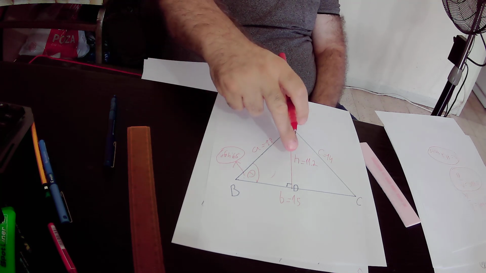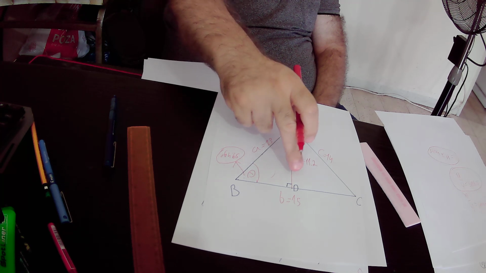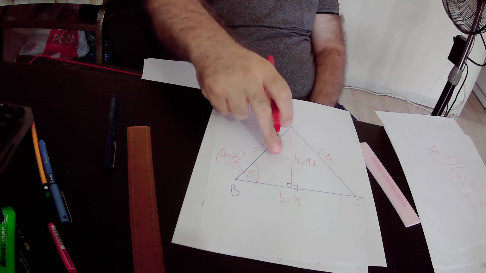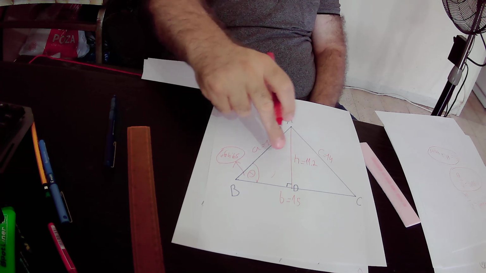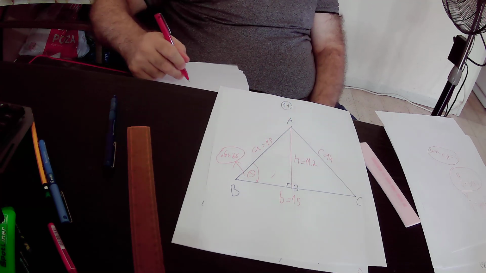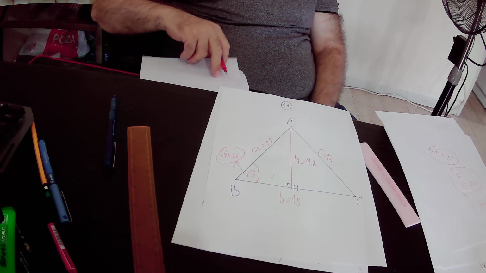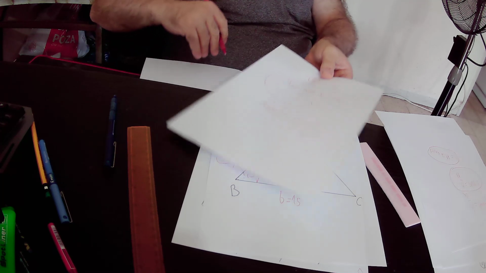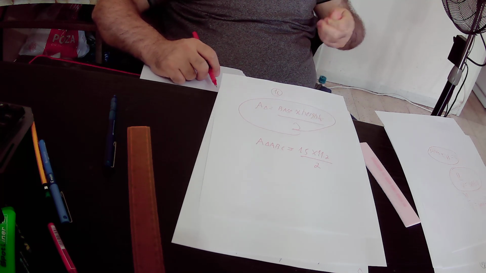As you can see, the height H, that is AD, creates 90 degrees with the base BC, therefore the height is indeed H. So the area of triangle ABC equals 15 times 11.2 over 2.